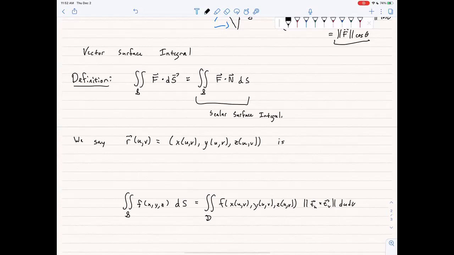We say that it is compatible with the orientation on S, so it's parametrizing S, if this vector here, which is indeed normal to the surface, is a positive multiple of n, points in the same direction as n.